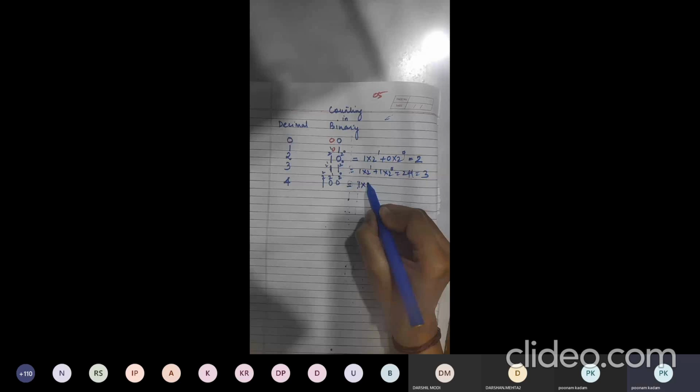The screen isn't visible. Is your video paused? Ma'am, the video is lagging. Yes, ma'am, the screen is lagging. Okay. Wait. Just a second. I'll just remove the sharing and share again. Now what is seen on the screen?